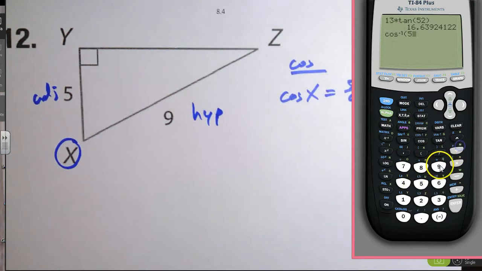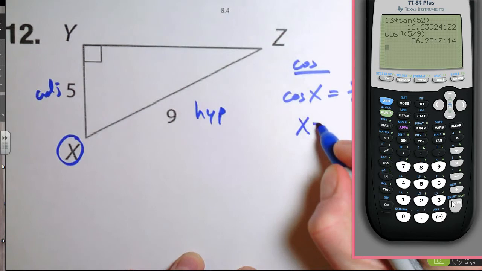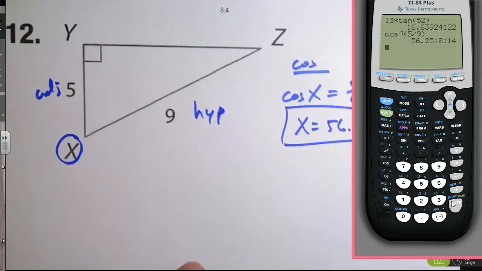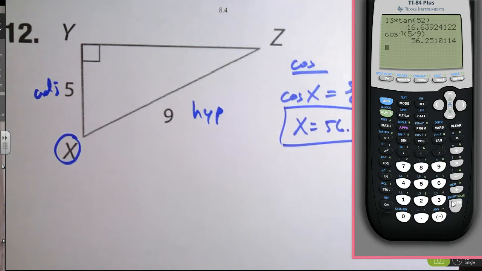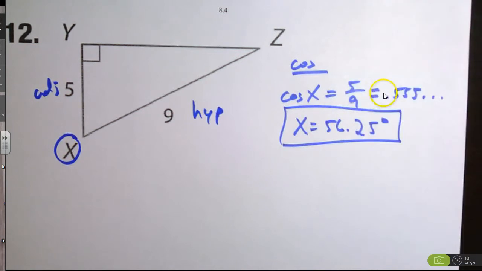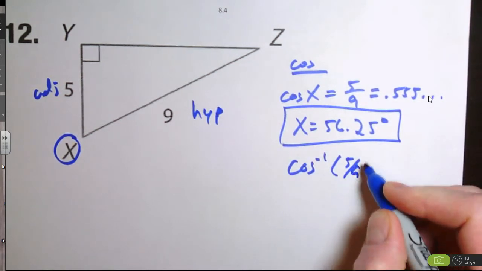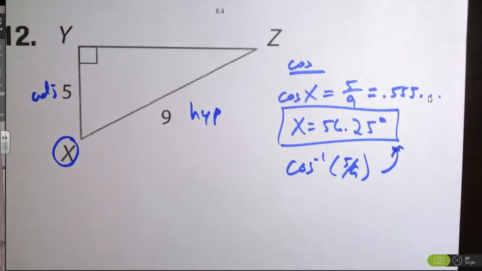So I could just do 5 divided by 9 on the calculator, and I get 56.25. So cosine of x was 5 over 9 equals 0.5555. So I did the inverse cosine of 5 over 9, and that's how I got that angle there.